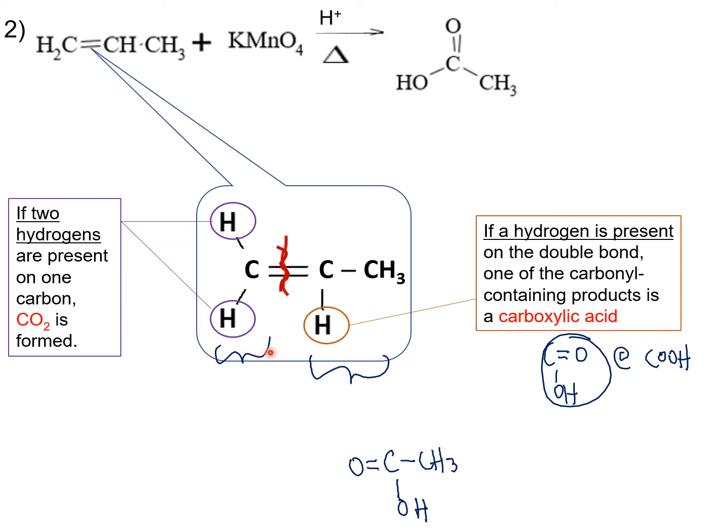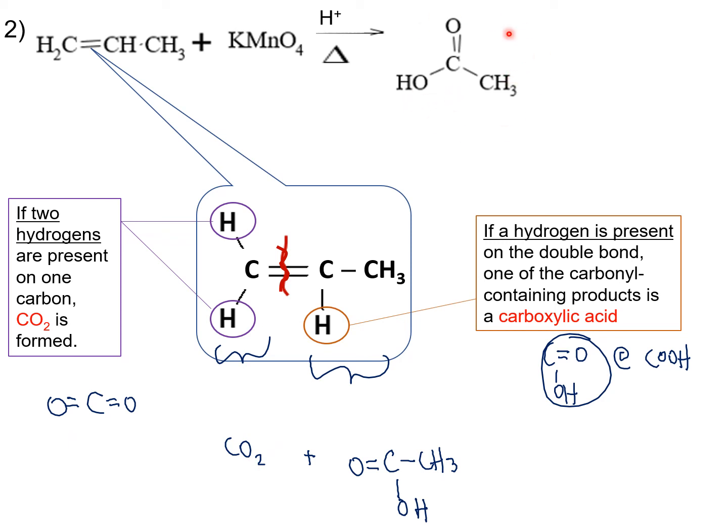Kiranya for this part of carbon double bond, kita akan dapat CO2. How do you get it? It is because basically C double bond O, bila kita buat oxidative cleavage ni, you will get C double bond O, lepas tu H ni, sebabkan dia 2 H, terus dapat lagi satu double bond O lah, sebab itulah CO2.